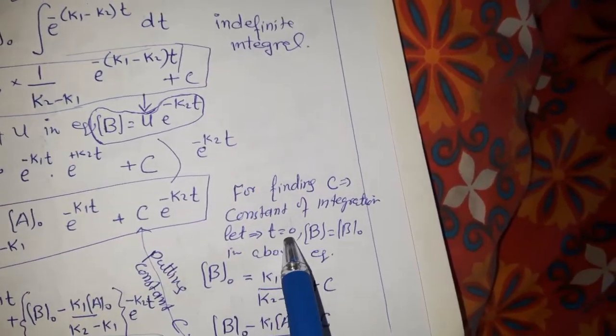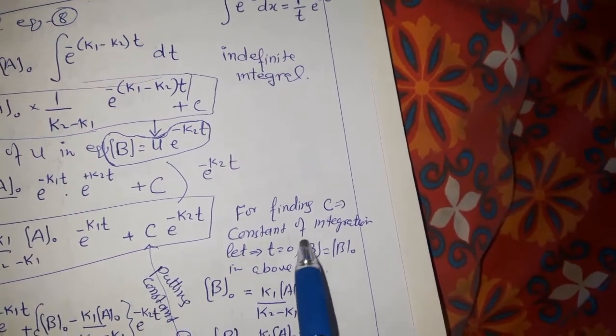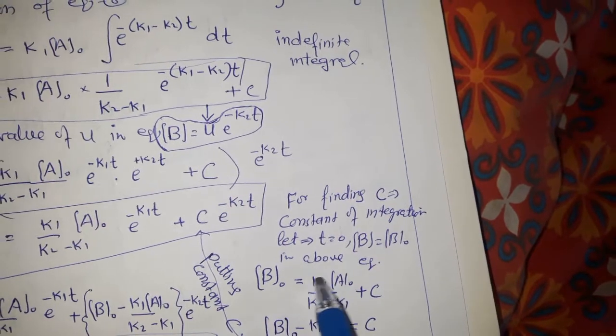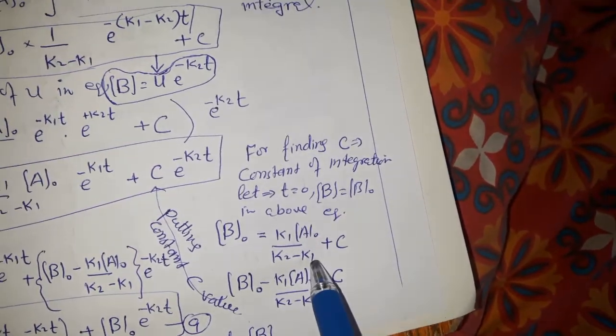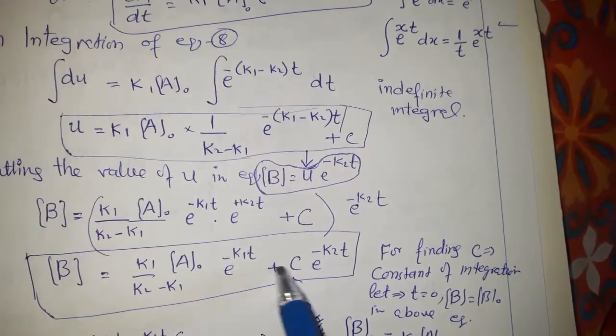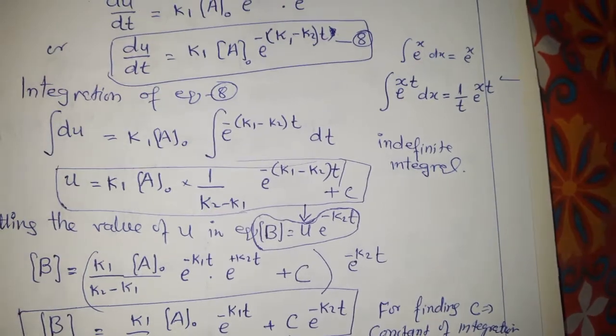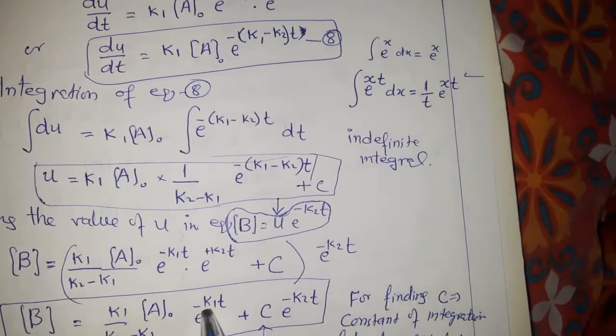We are supposing that at time t equal to 0, the concentration of b is equal to the initial concentration b naught, and putting this here. After putting this value in this equation, b is equal to b naught and t is equal to 0.